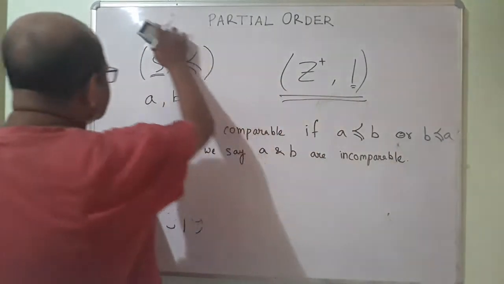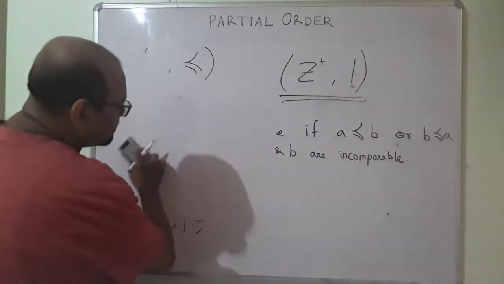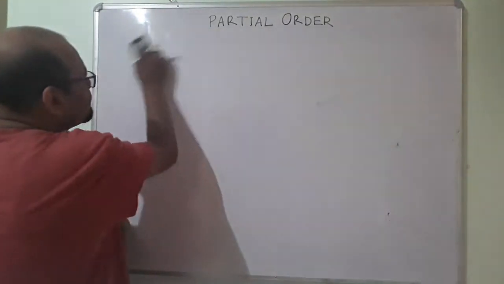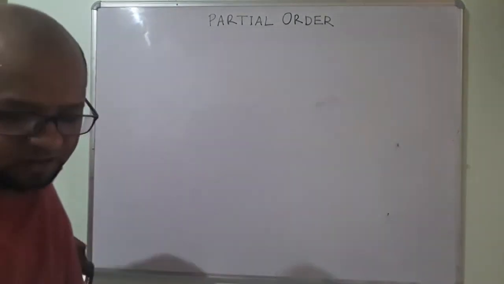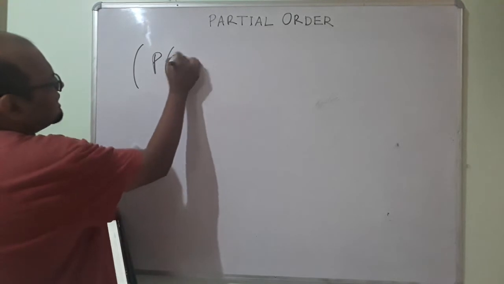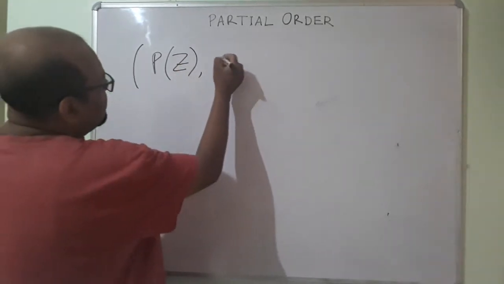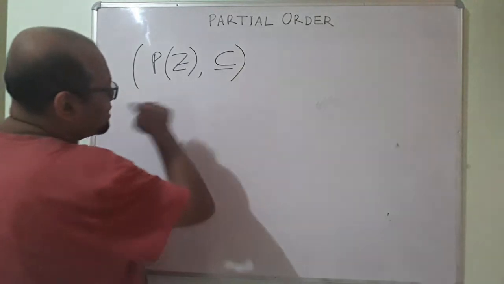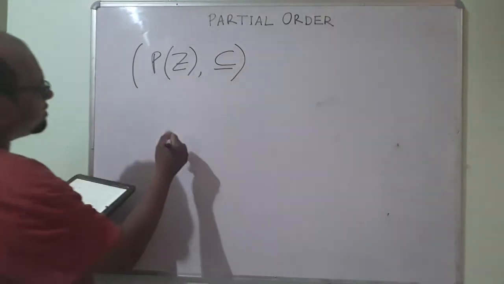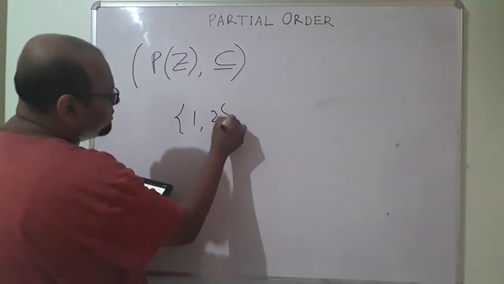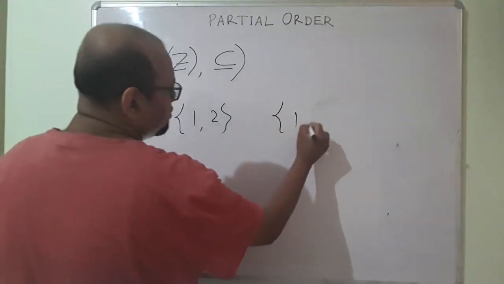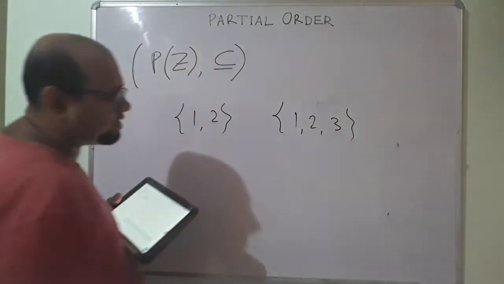Let us look at another example, the example that we saw previously: the power set of some set of integers and this subset relation. Now here {1, 2} will be an element of the power set, right? {1, 2, 3} will be an element of the power set.